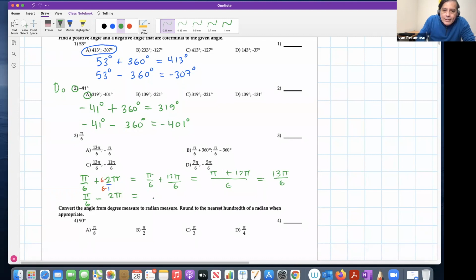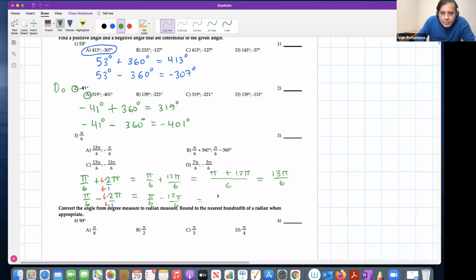Great. Now for the subtraction, similarly, if you work this out by placing here 1 below 2, and you multiply numerator and denominator by 6 to get the LCD on the denominator, this will be 12 pi over 6.